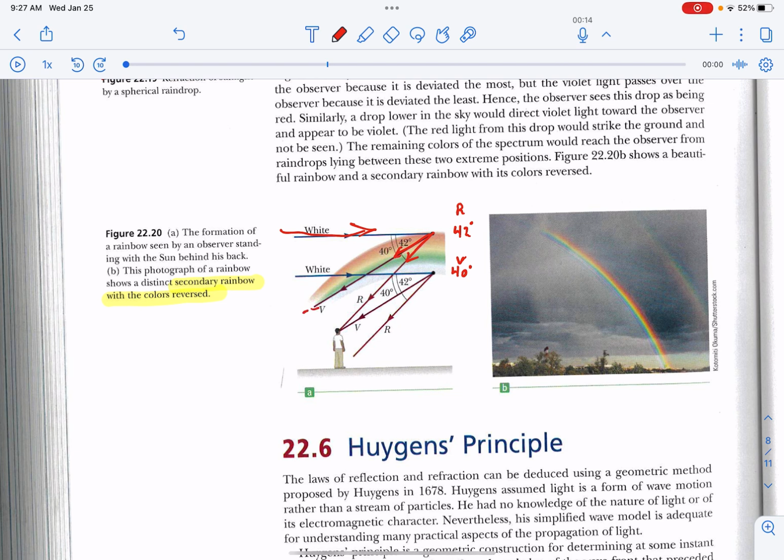The violet is going to miss you altogether at the top of the rainbow and hit the ground somewhere behind you, whereas you're going to see the red.